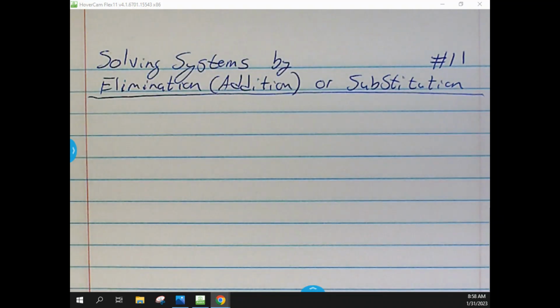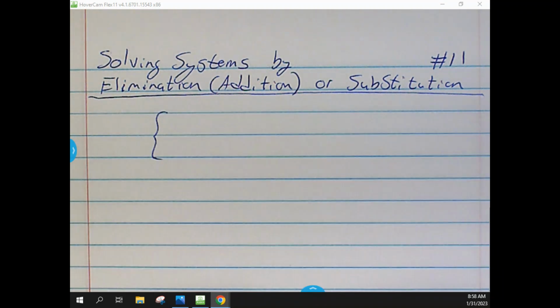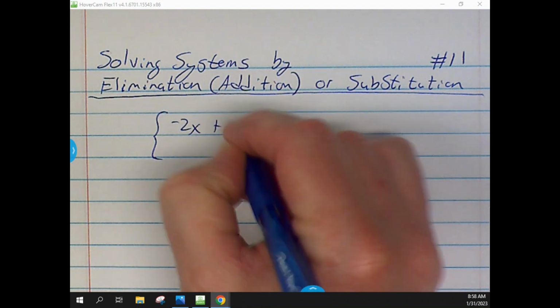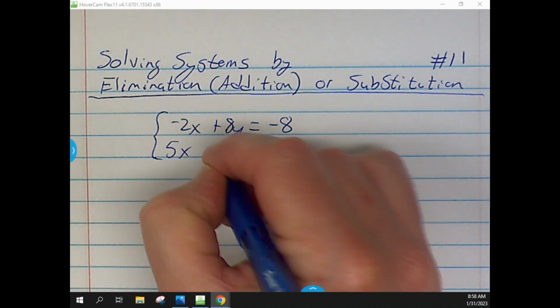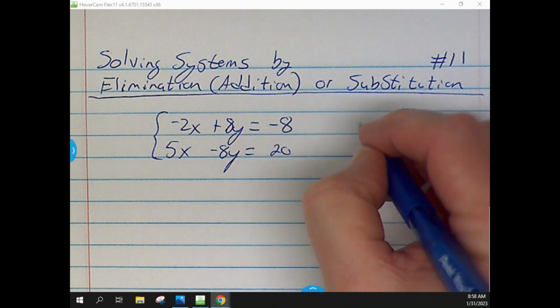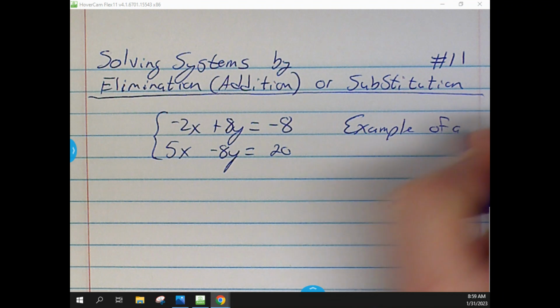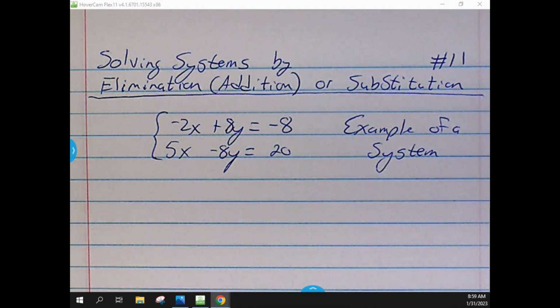So, okay, and again, if we're looking at the system, it's basically just two or more equations with two or more variables. And again, we were graphing systems the other day where you had two lines.